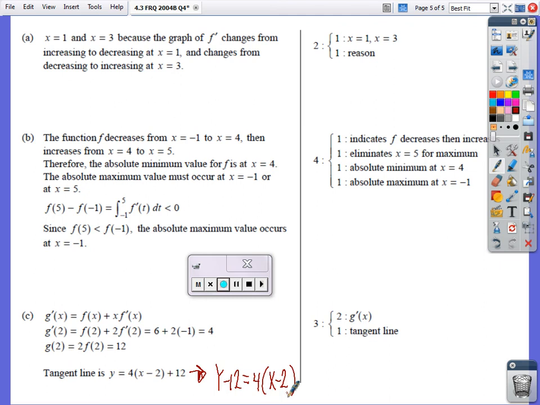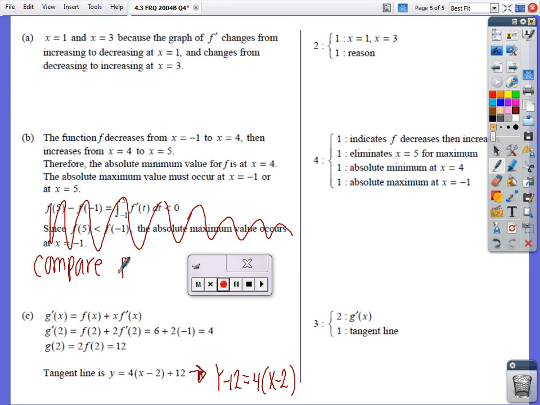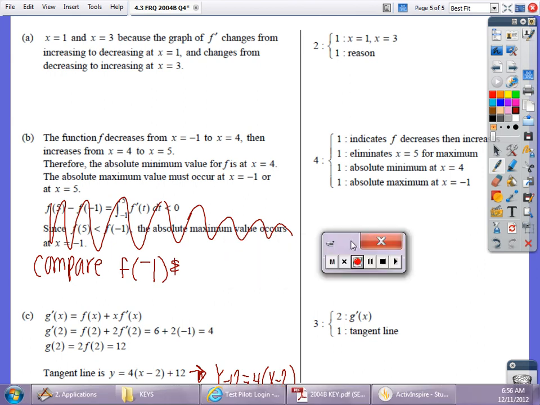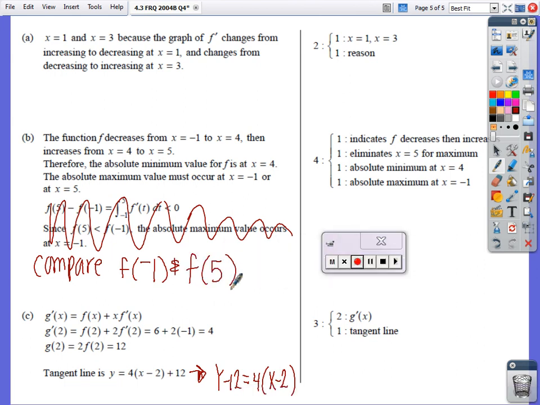I want you to ignore this part here because you don't know that symbol yet. But we would have to compare f of negative 1 and f of 5 to figure out which one is the bigger y value.